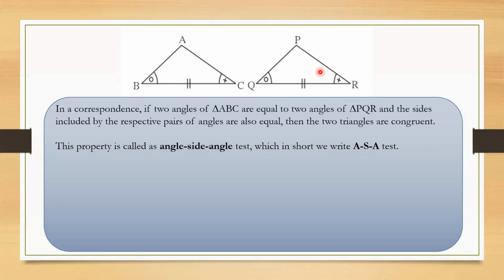And this type of property is called the angle side angle test, which in short form is written as ASA test. Because first comes angle, then comes the side sandwiched between them, and then again comes angle.